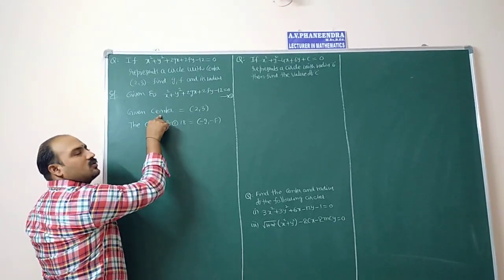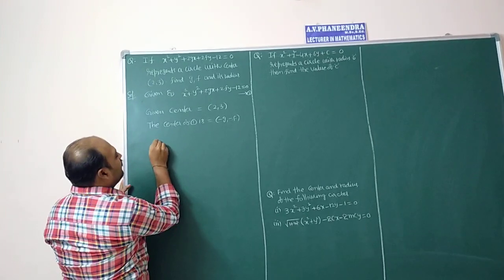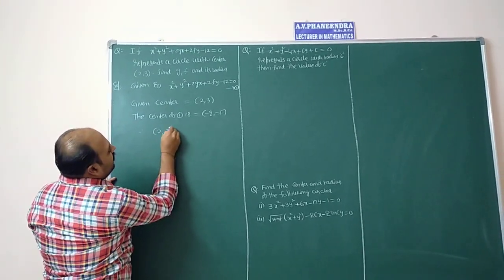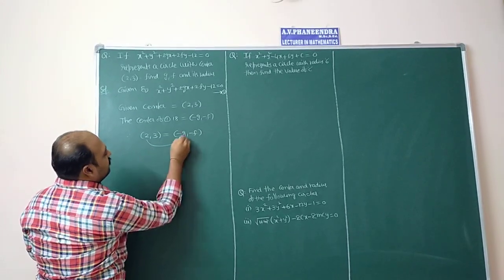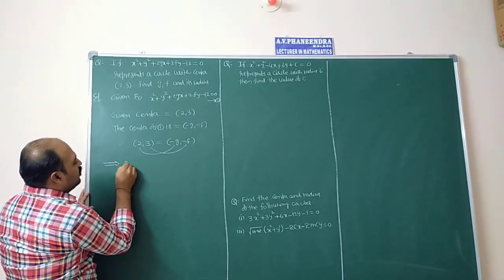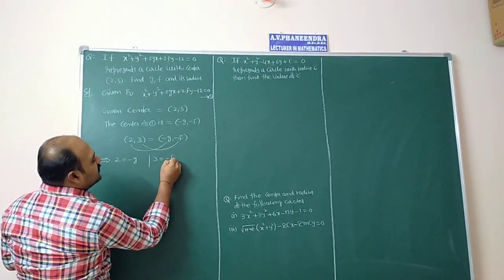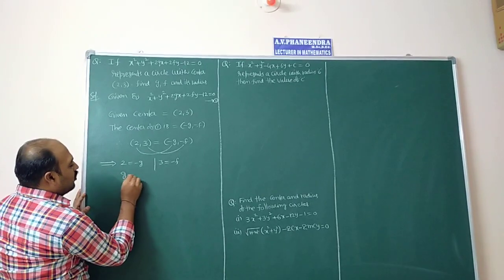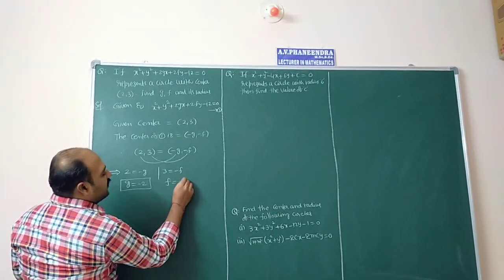This is also center of equation 1. Therefore, 2, 3 is equal to minus g, minus f. That implies 2 equal to minus g, 3 equal to minus f. Therefore, g equal to minus 2 and f equal to minus 3.